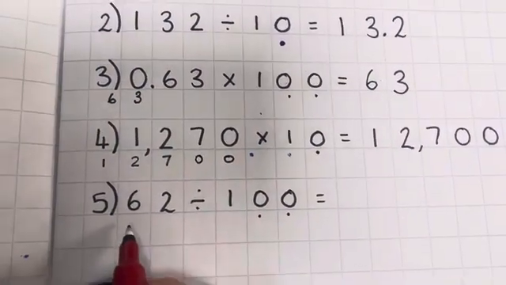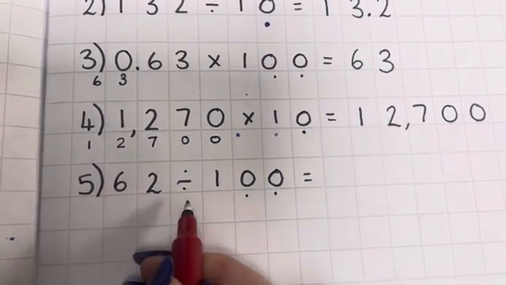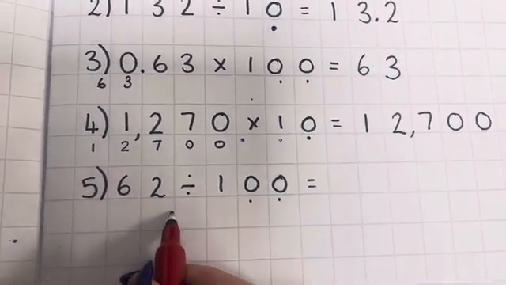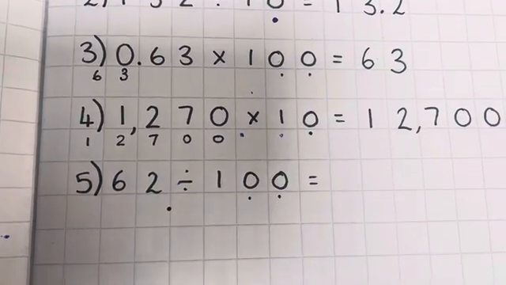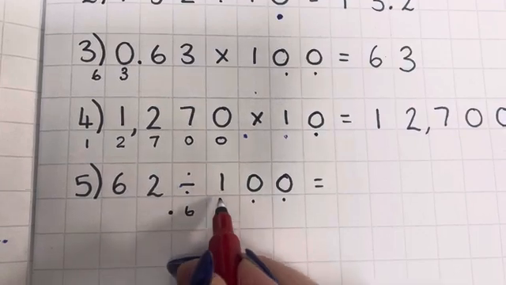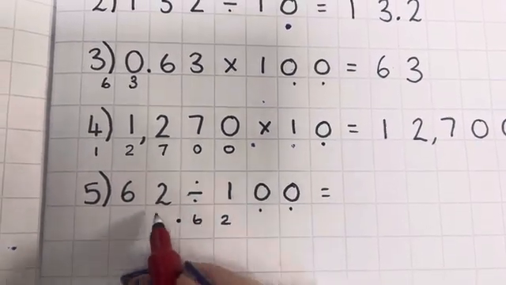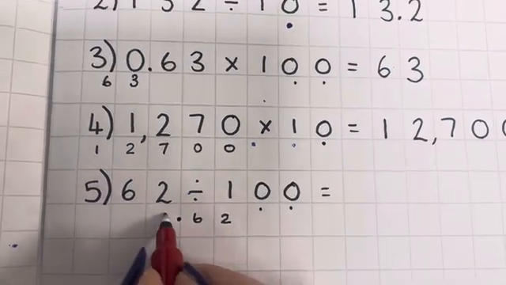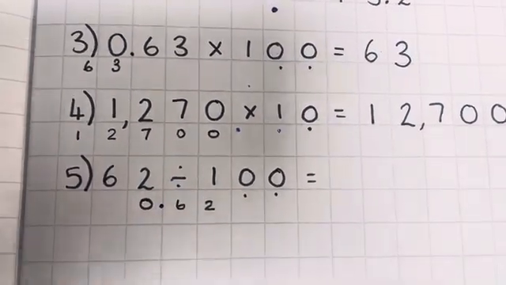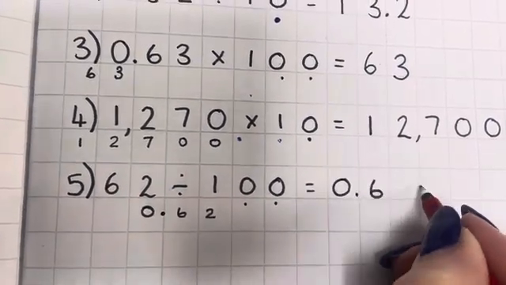In this case, the 6 is moving to the ones, and then the tenths column, remembering that there will be a decimal point after the ones column. And the 2 will move to the tenths and then the hundredths column. Because we have no ones and this is a decimal answer, we need to add a placeholder, and we get the answer 0.62.